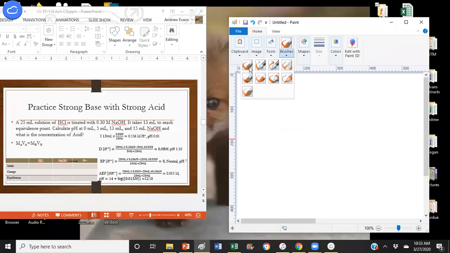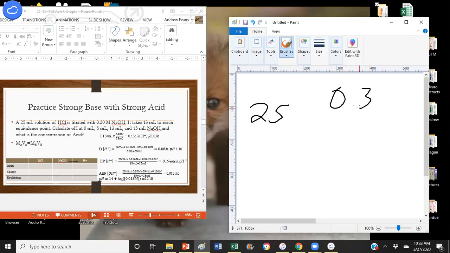Okay, so we have 25 mLs of acid. We have 0.3 molar base, and it takes 13 mLs to get to equivalence point. We want to know 0, 5, 13, and 15.